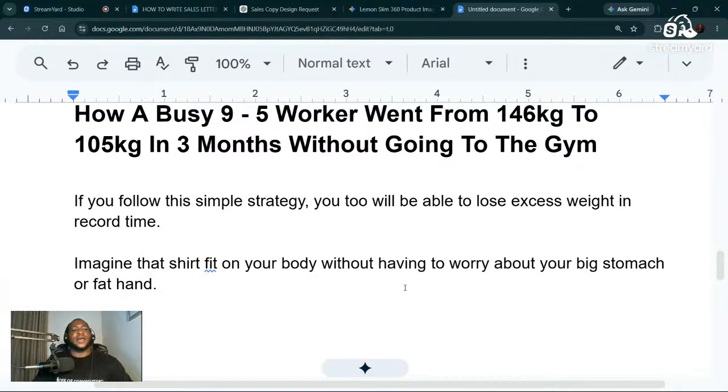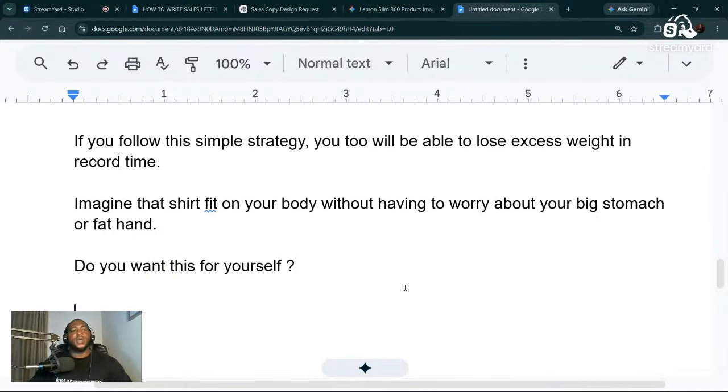You can now start with another one by saying, "Do you want this for yourself?" Question mark. What do we do now? We use the question hook. Right now we want to do the problem amplification hook.